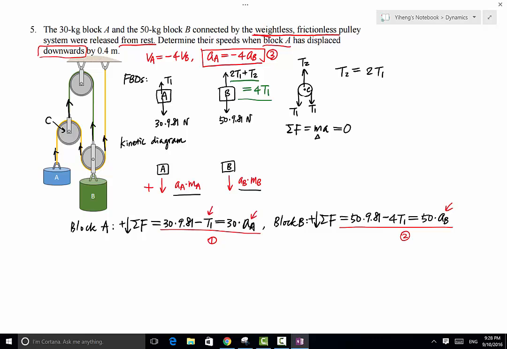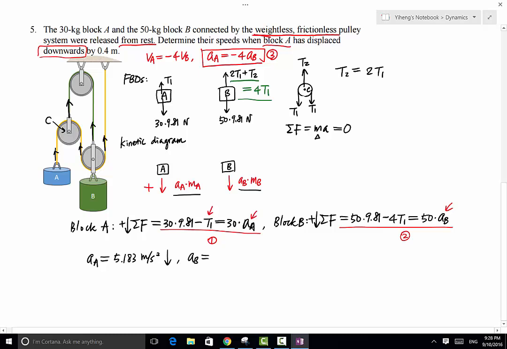We solve the three linear equations simultaneously, and we get the result that AA equals positive 5.183 meters per second squared. Positive, that's downward motion.